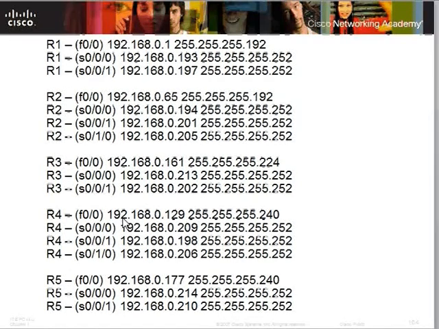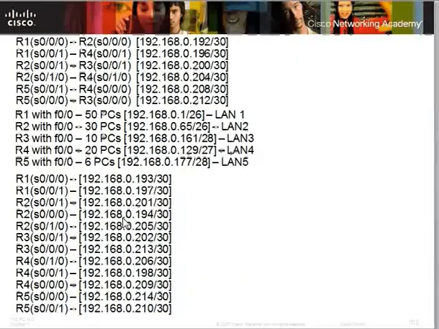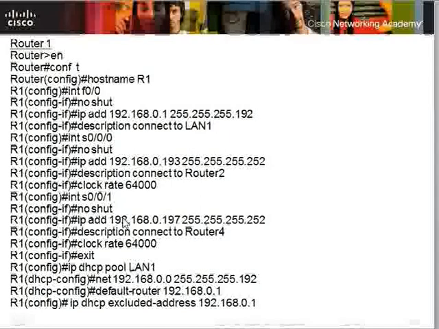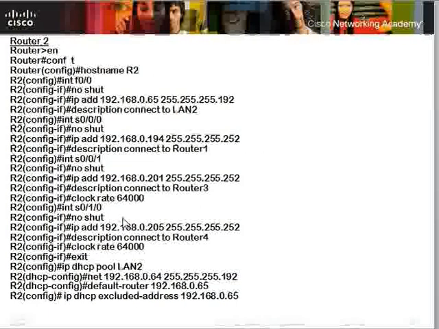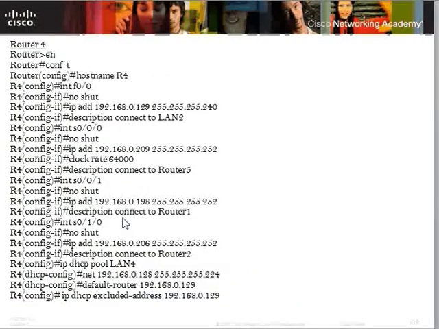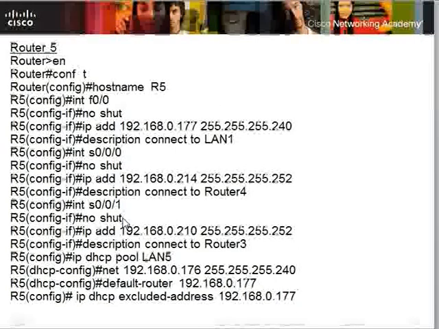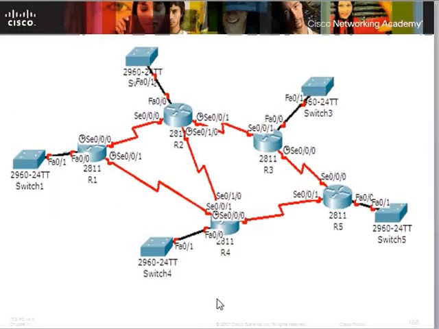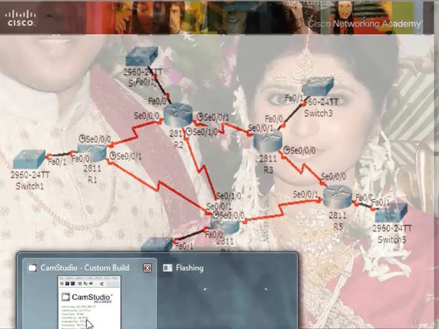These are the IPs for the different router interfaces. Depending on this calculation, you give the IP. This is the configuration of router 1, this is the configuration of router 2, router 3, router 4 and router 5, and like that we complete this particular topology. This is the practical part of it.